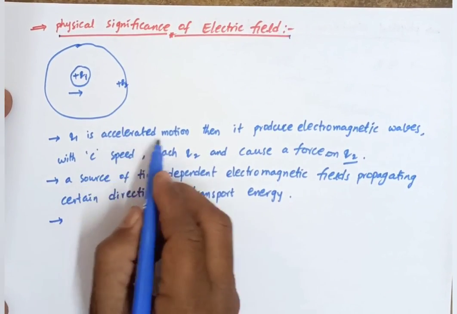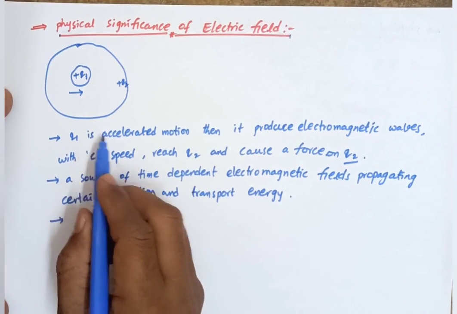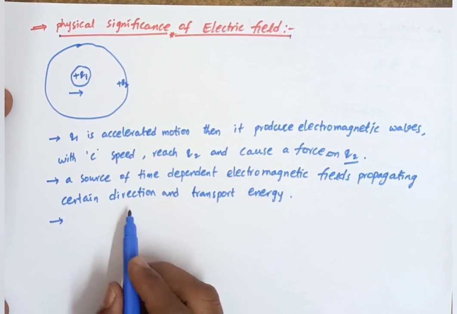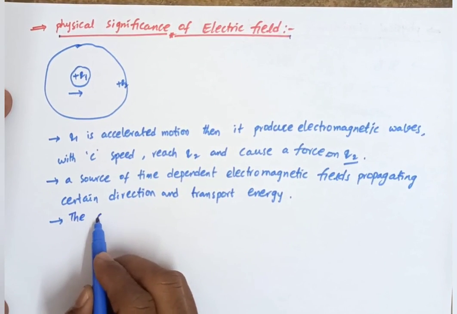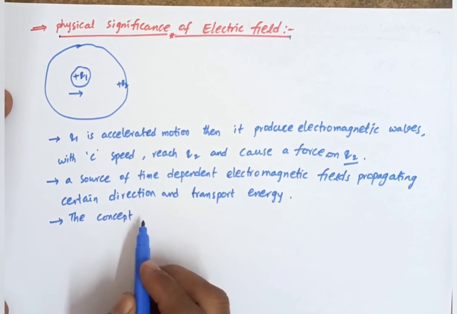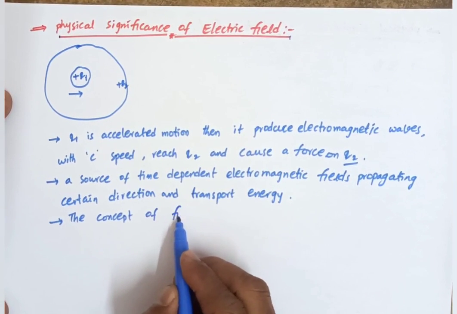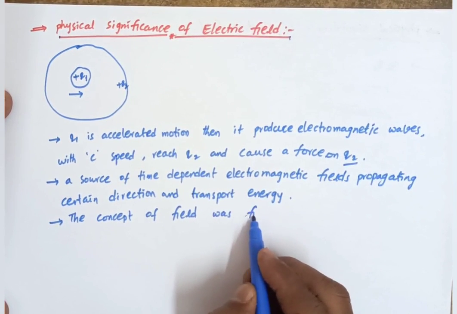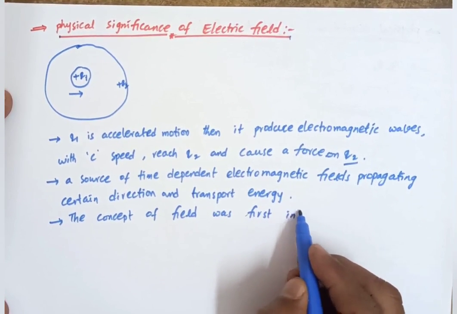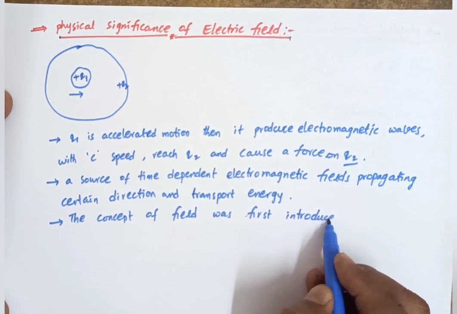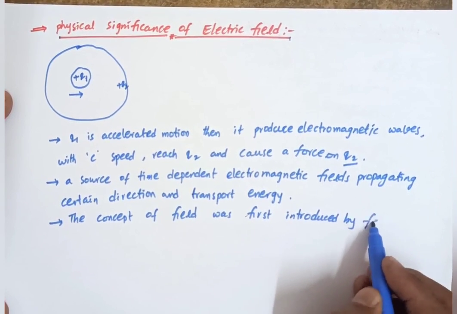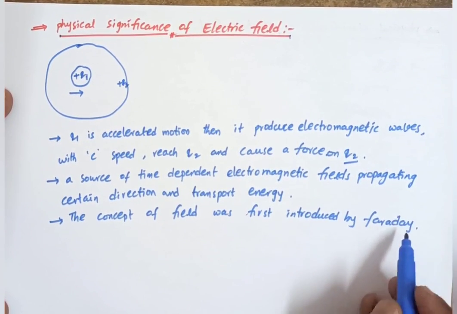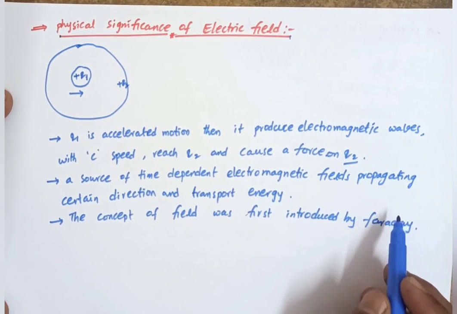This accelerated motion of Q1 is also detected through the electromagnetic waves. The concept of fields was first introduced by Faraday, and it is now among the central concepts of physics.